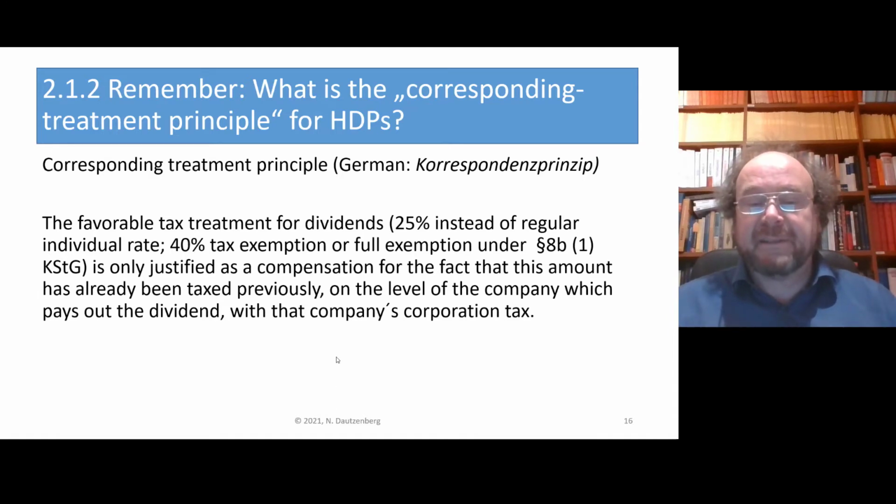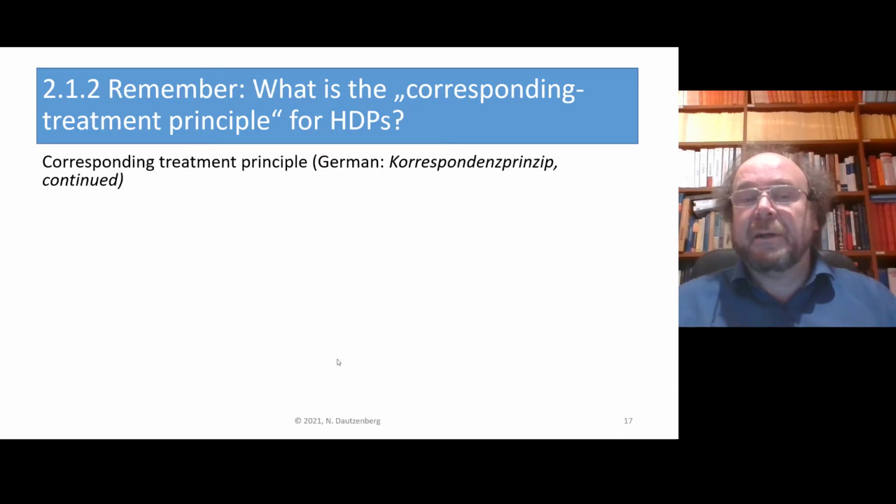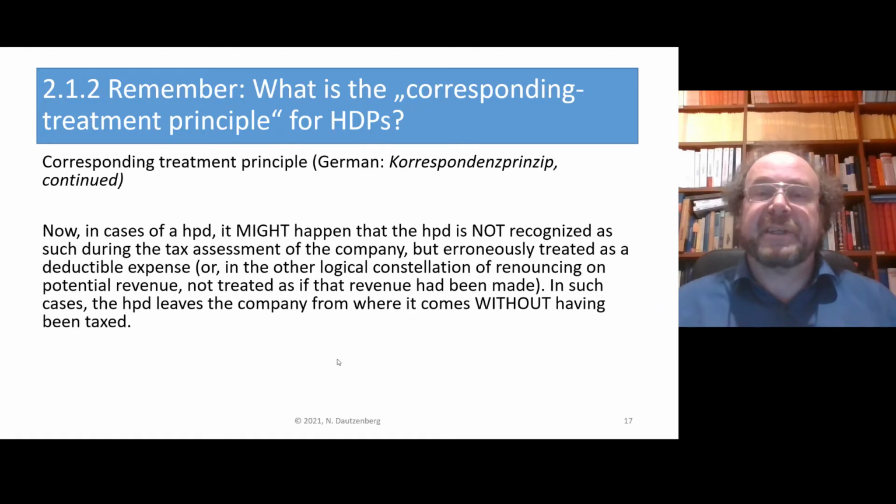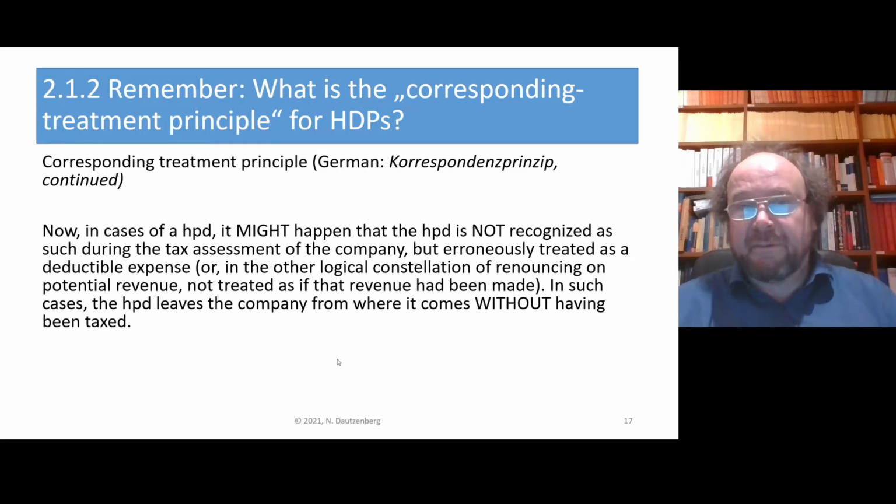And that can especially happen in cases of such hidden profit distribution, because it might be that, for example, the tax advisor and the tax officer working on the tax accounting of that, let's say, GmbH, who paid an enormous wage of 1 million for somebody, might have thought this is a market-conform payment, and so accepted this.